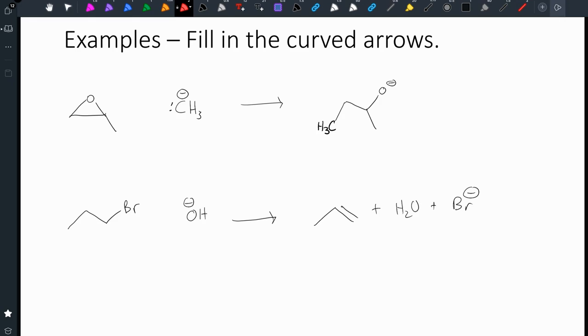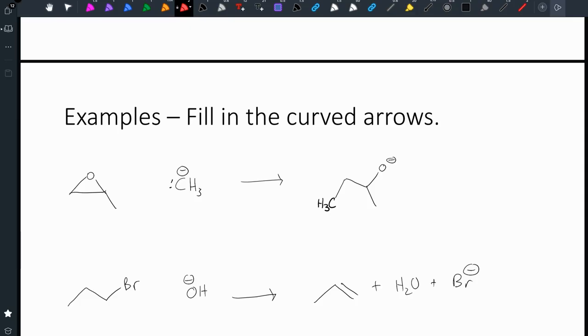So what I want to do here is, looking at the product, identify any new bonds, identify what bonds got broken. So my thought process steps here are going to involve: one, identify new bonds, and identify bonds that break.